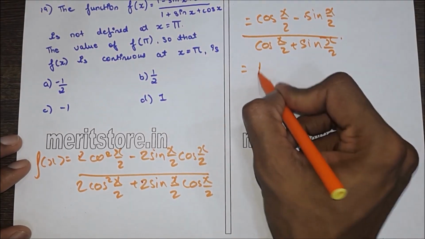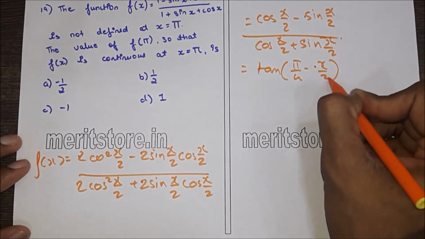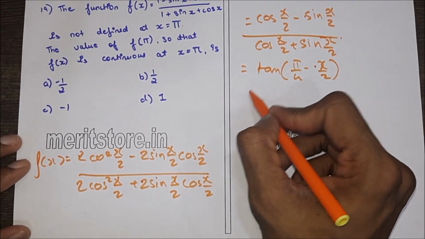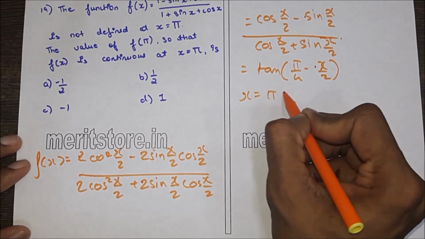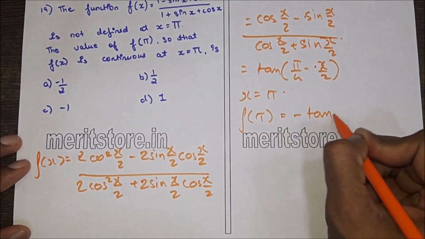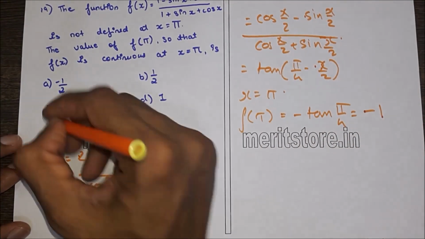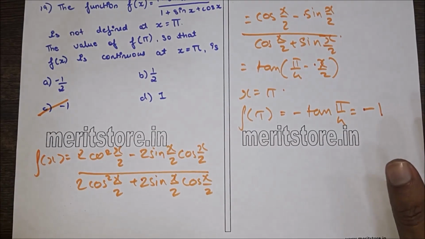Therefore, this can be written as tan of (pi by 4 minus x by 2). Further, at x equal to pi, we get f of pi equal to minus tan pi by 4, which is equal to minus 1, which is our option C. Therefore, option C is the correct answer.